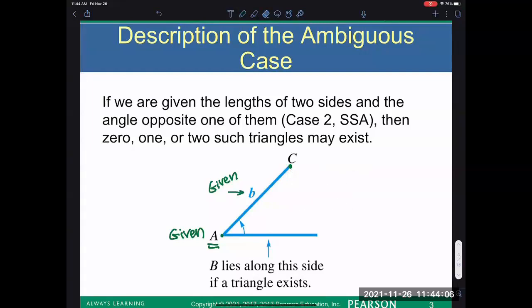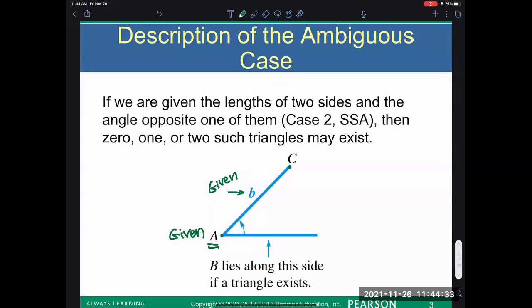The thing to keep in mind here is that with side B's length given and angle A set, I cannot make B longer. B stops here where we're going to eventually form angle C, and we're going to draw side A off of that point. B stops there and it starts down where angle A is at the vertex.